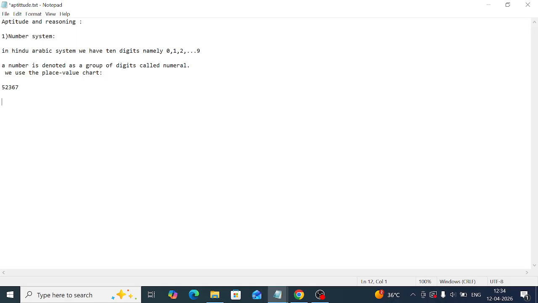Next, we have face value and place value. What is meant by face value and what is meant by place value, we will see. The face value of a digit in a numeral is its own value, that means at whatever place it may be.